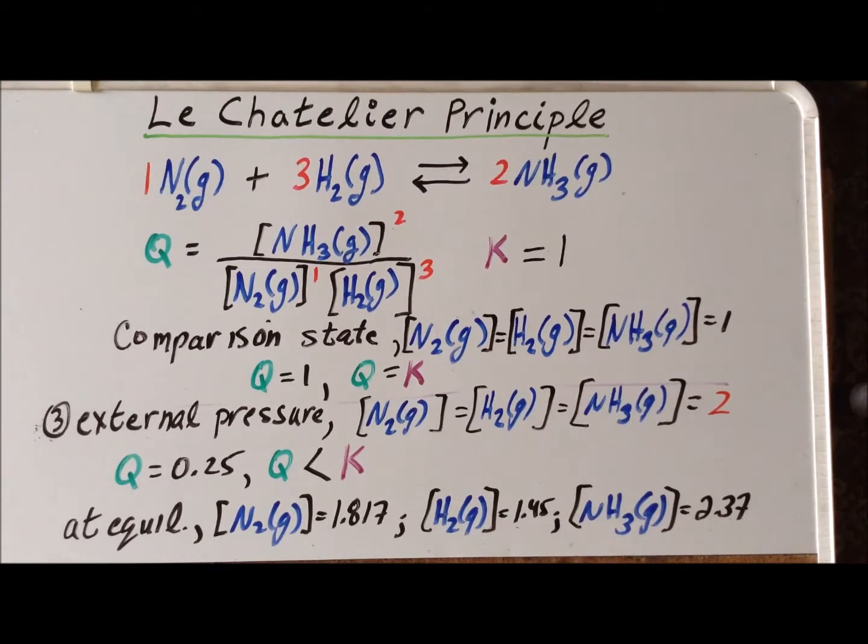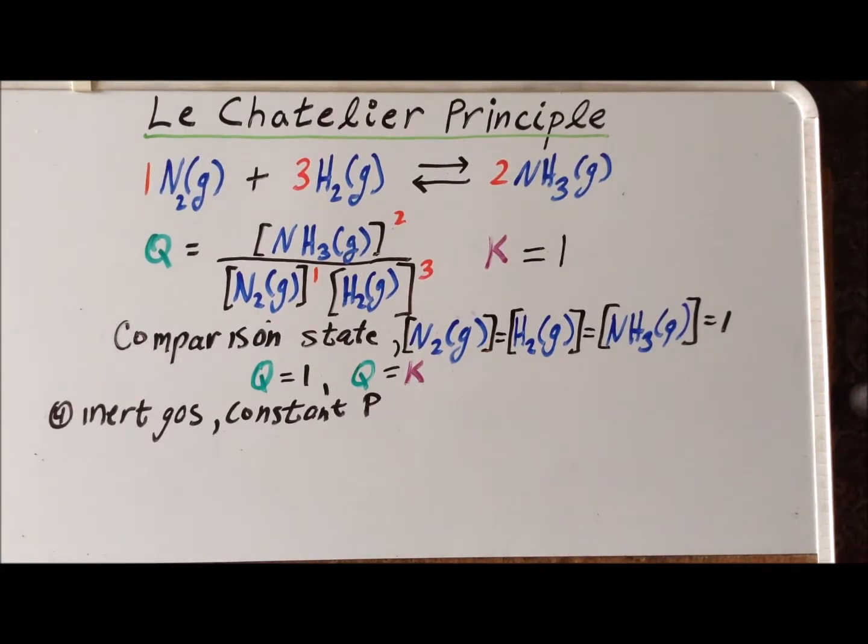Once we reach equilibrium, we add the values of 1.817 plus 1.45 plus 2.37, and we see that now this is equal to 5.637. So we went from a concentration of 6 to a concentration of 5.637 moles of gas. So that will exert less pressure, so therefore the system has relieved the stress of the additional external pressure.